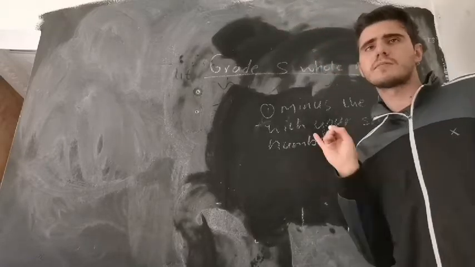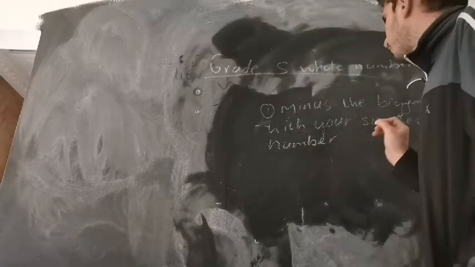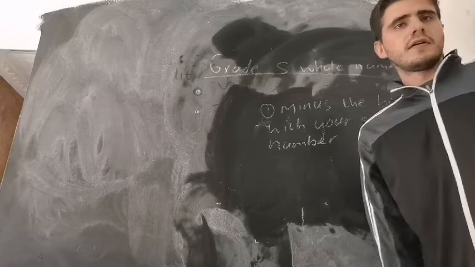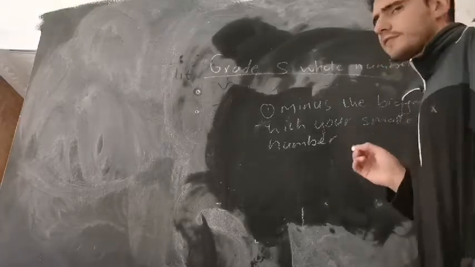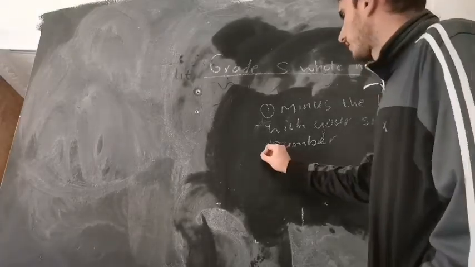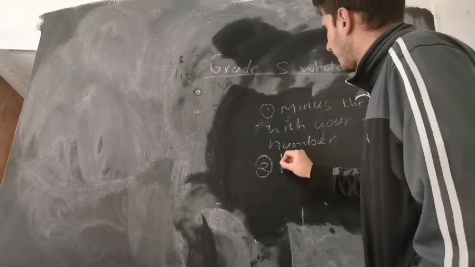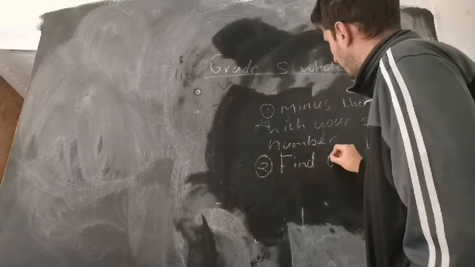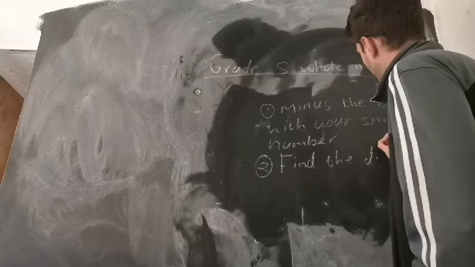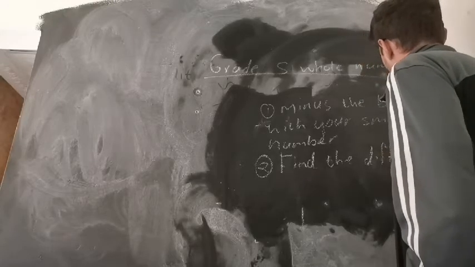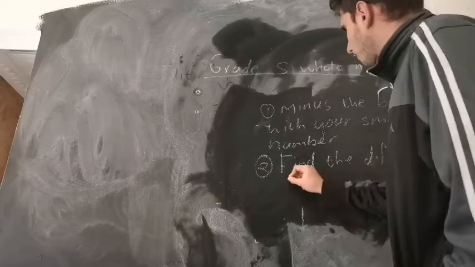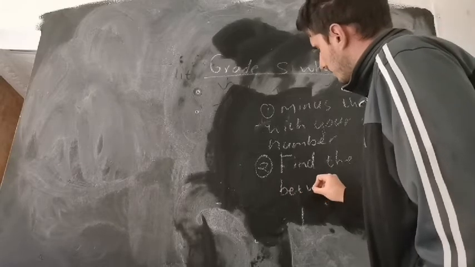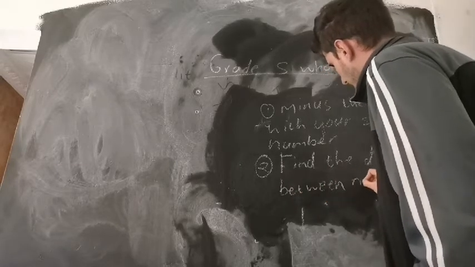Okay, first you minus your bigger number with your smaller number. The reason we do this is to find the difference. Okay, then find the difference between numbers.